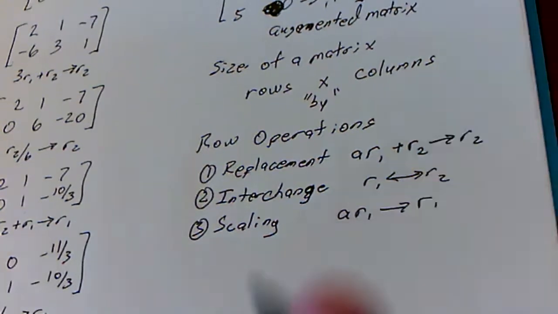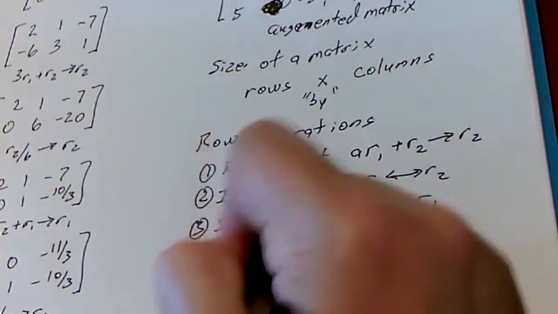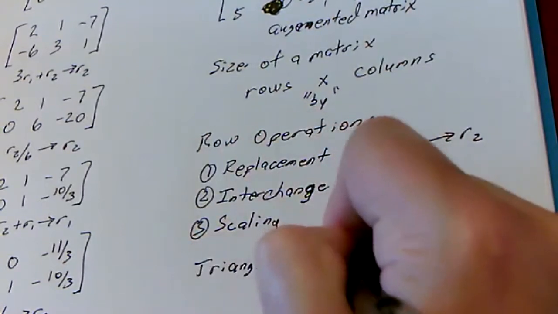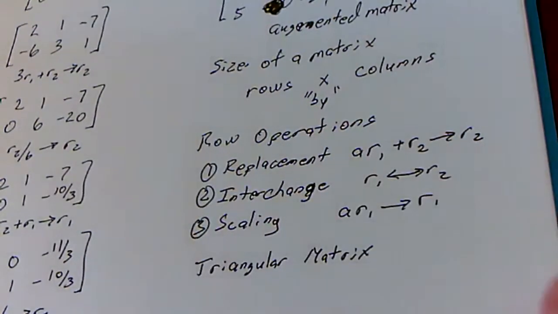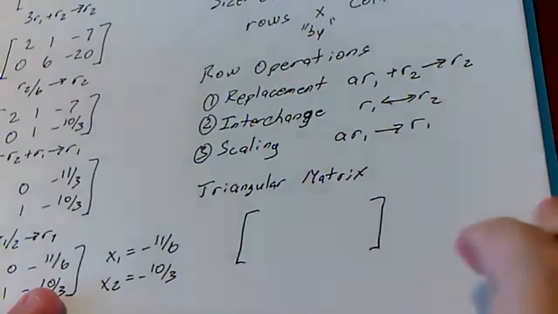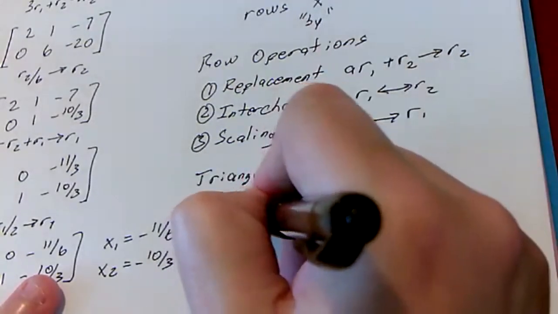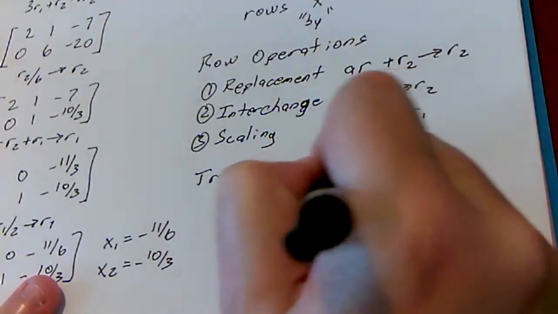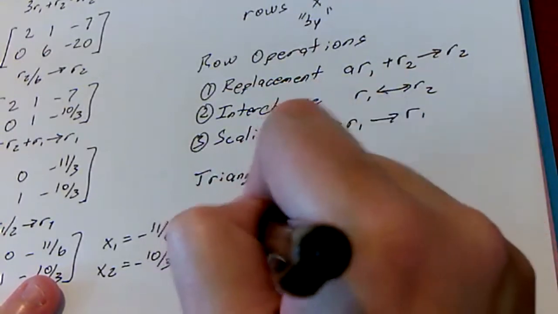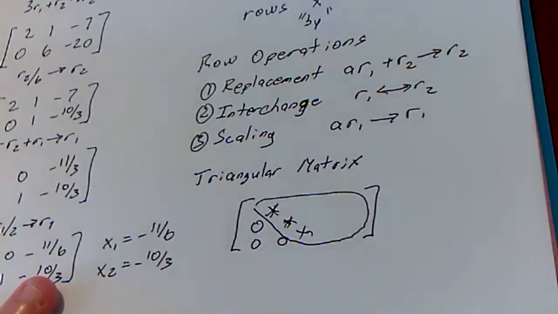Now, most often we are trying to get things to be a triangular matrix. A triangular matrix means I've got this matrix here, and all the numbers over here may be numbers, but then below that down here, I've got a whole bunch of zeros.